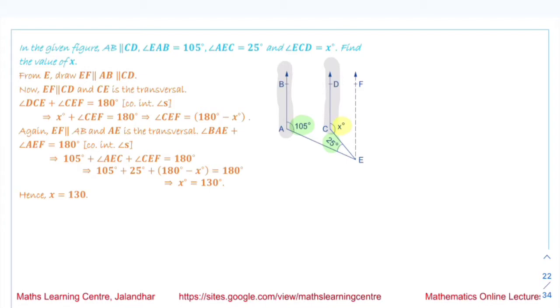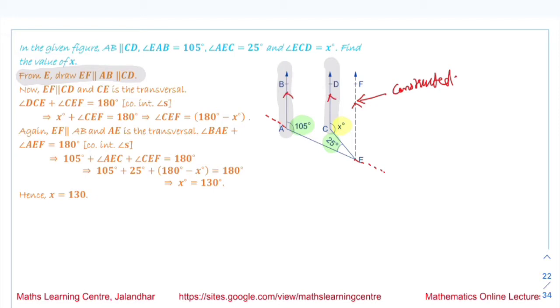So first of all we have done the construction, that is from E we have drawn this line EF. We have constructed this line, it is parallel to both these lines.